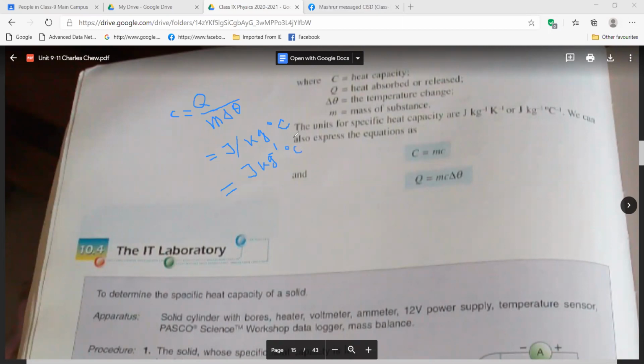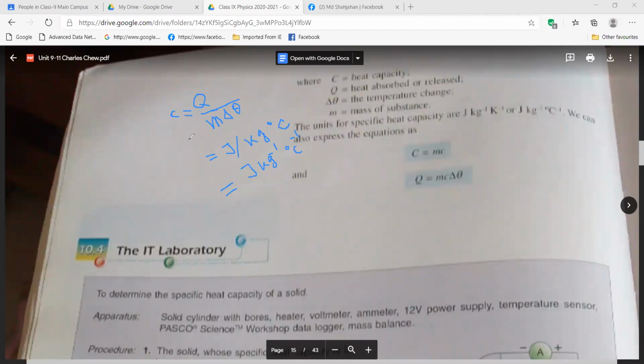In place of degree Celsius, you can write Kelvin also, no problem. So from the formula it comes, the unit. If you know the formula, you can make the unit, right? Yes, sir.